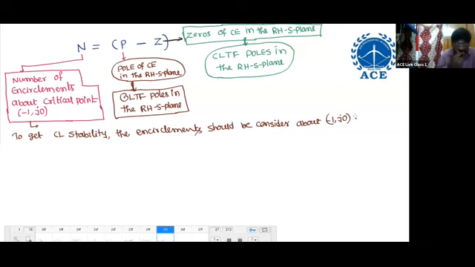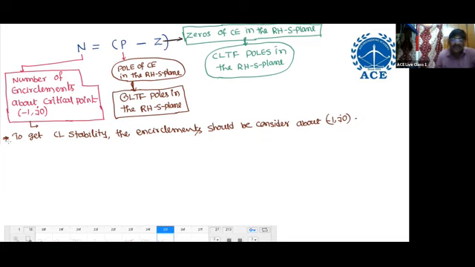We remember this. Okay? To get closed loop stability, the encirclement should be considered about -1. That's all.